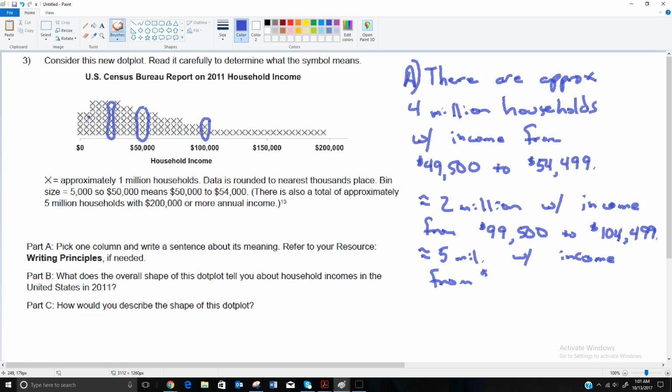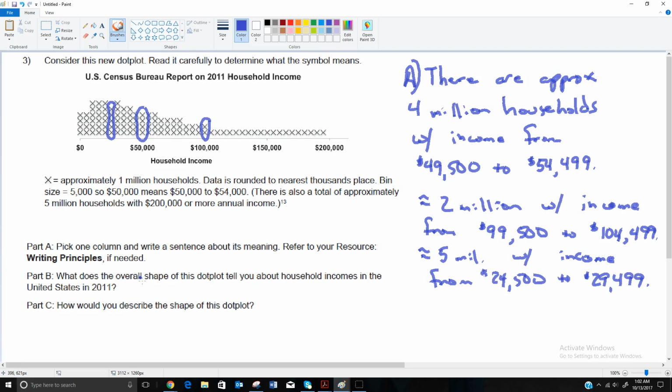This is 0, 5, 10, 15, 20. So this would be starting at 25,000. So from 24,500, because that would round up to 25,000, to 29,499, because 29,500 would round up to 30,000. So hopefully that makes a little bit of sense.